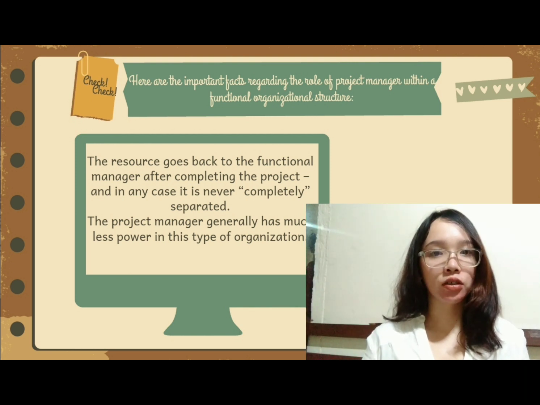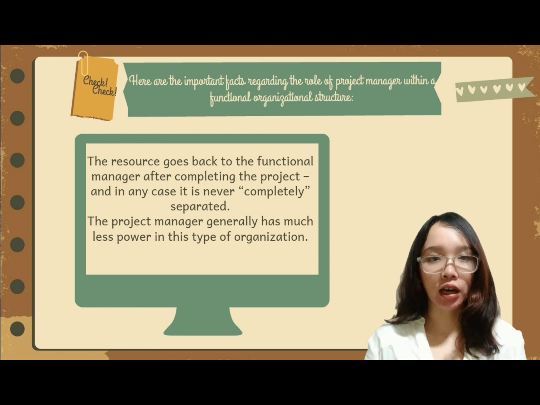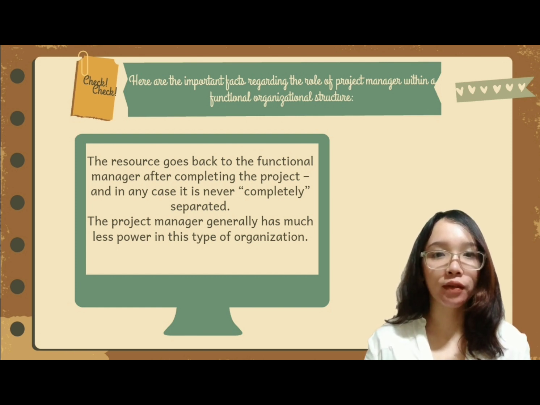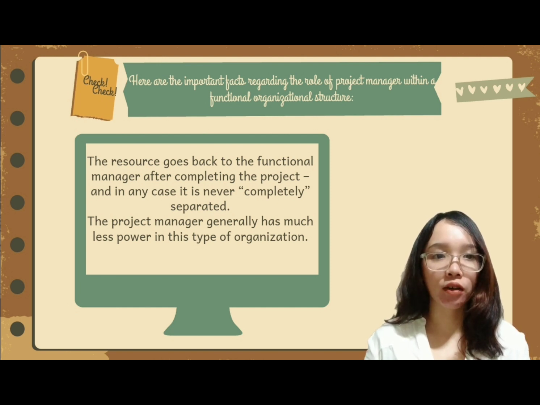The project manager generally has much less power in this type of organization. Project manager skills are much less used in this type of organization. The resource assigned to the role of project manager is usually a member of the team within a functional area and does not have the real project manager title or is a trainee.